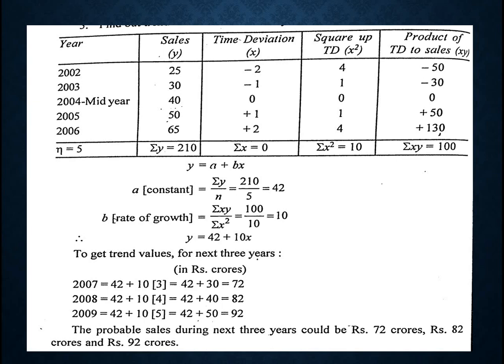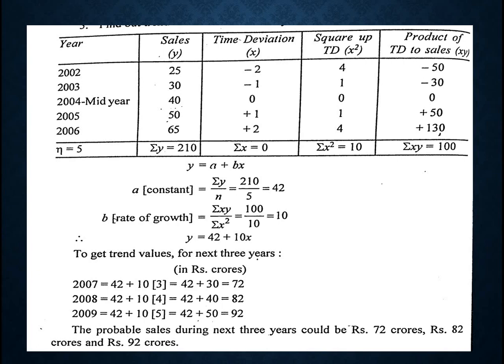From the third column onwards our calculation part will start. First is the time deviation, denoted as x in the bracket. We already know that the middle value is taken, that is, the mid year is taken as the base for the time deviation, and its value will be 0.